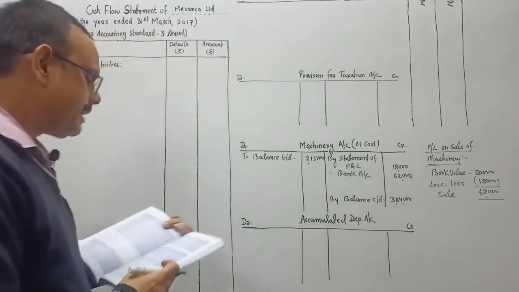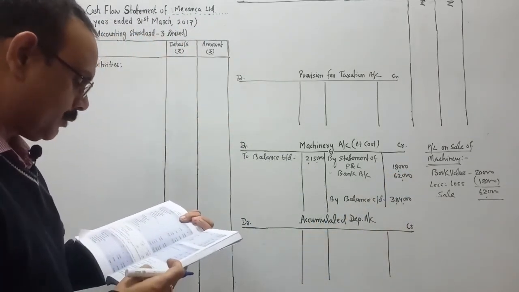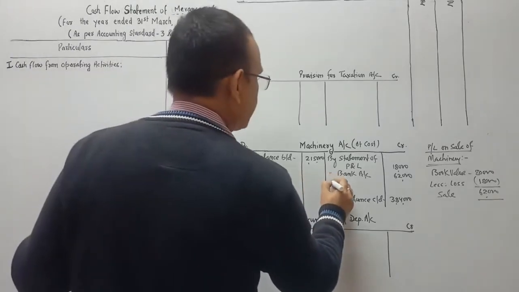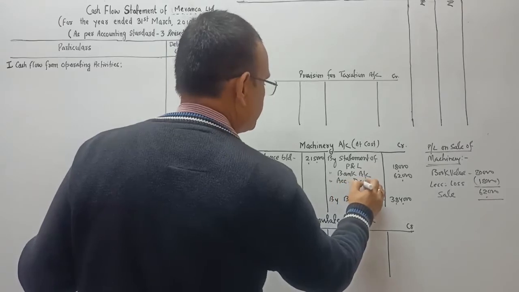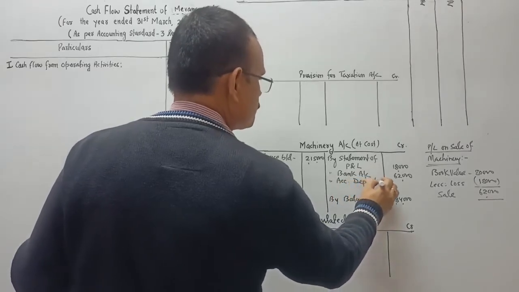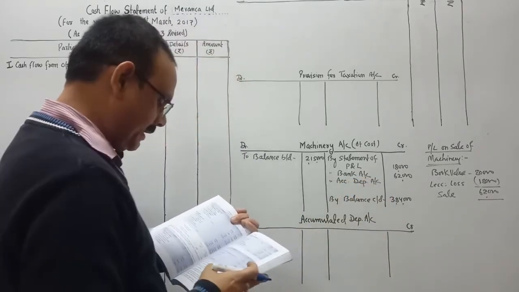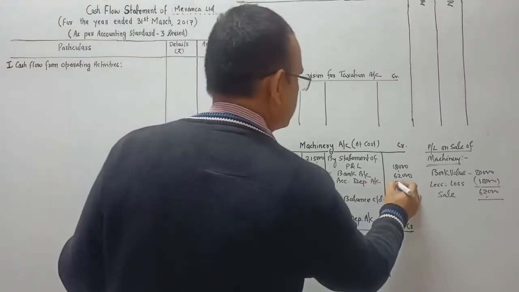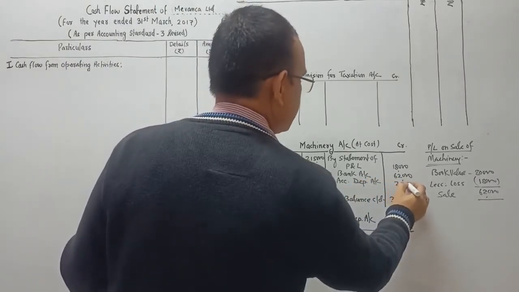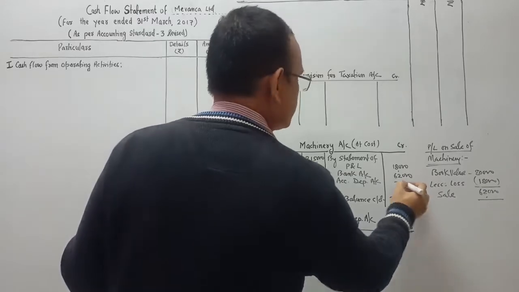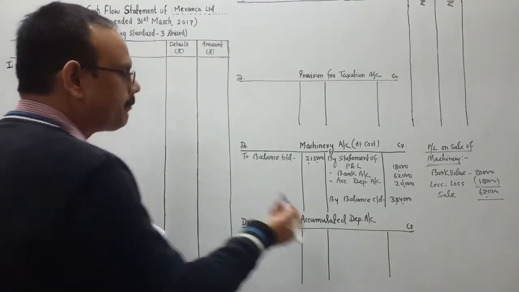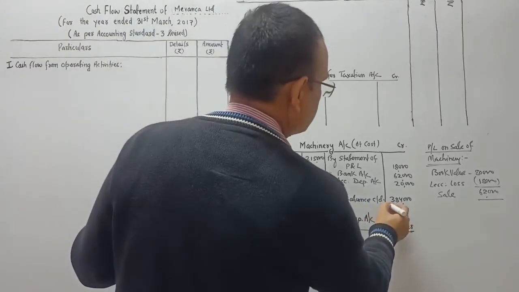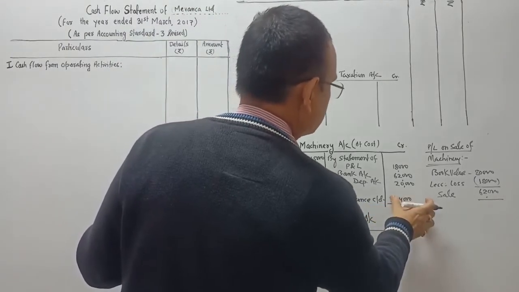And the accumulated depreciation of the machine sold, which was given over here, is 20,000. Now we will find out the difference amount, which side is more or less.